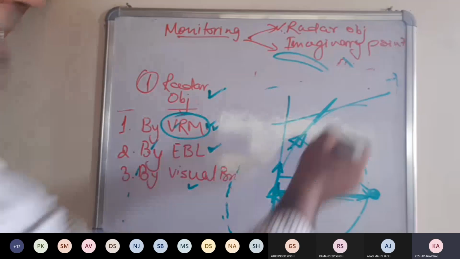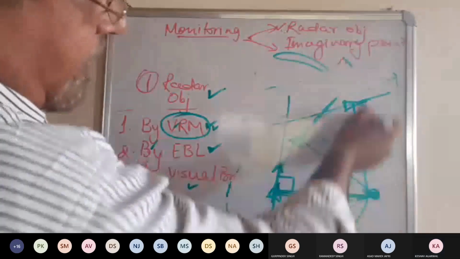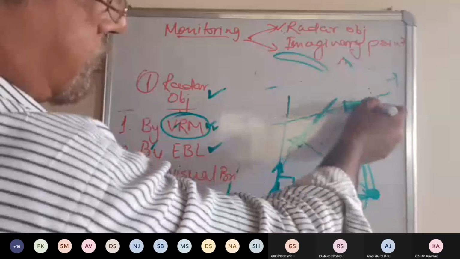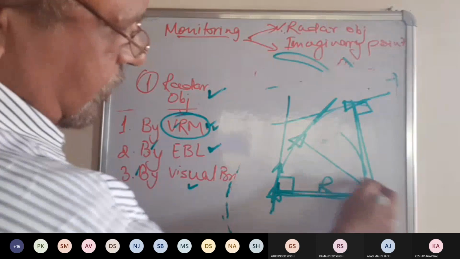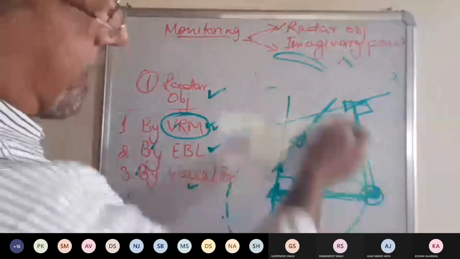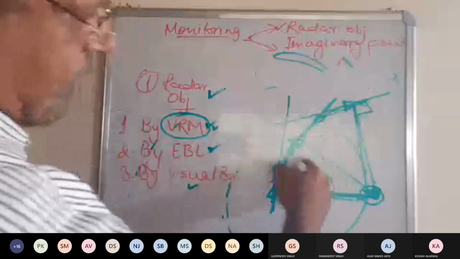If we are here and exactly on this path, how much should be the bearing? 90 degrees to the course. Very good. If we are here, what should be the bearing of this? The same, 90 degrees. That means if the object is always at 90 degrees, 90 degrees, 90 degrees, that means we are following this track.